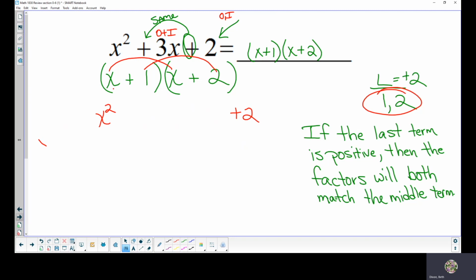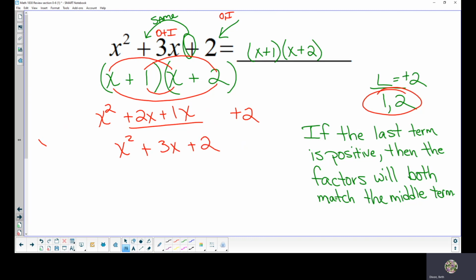Well, the outer gives me 1x times 2x, which is plus 2x. The inner, 1 times x, gives me 1x. So I have 1x plus 2x. Well, 1 plus 2 gives me 3, so I know it's going to work. So that gives me x squared plus 3x. They both have to be positive because I need a positive 3x.